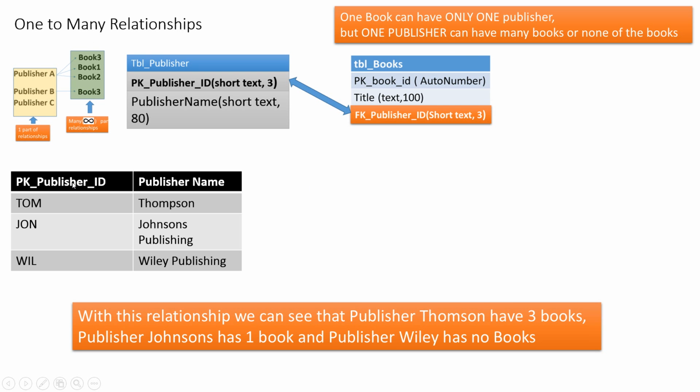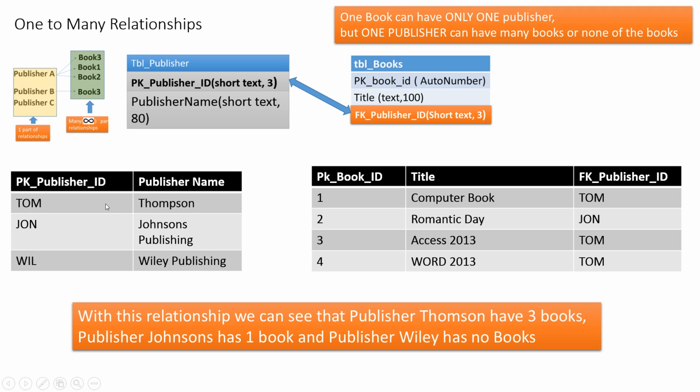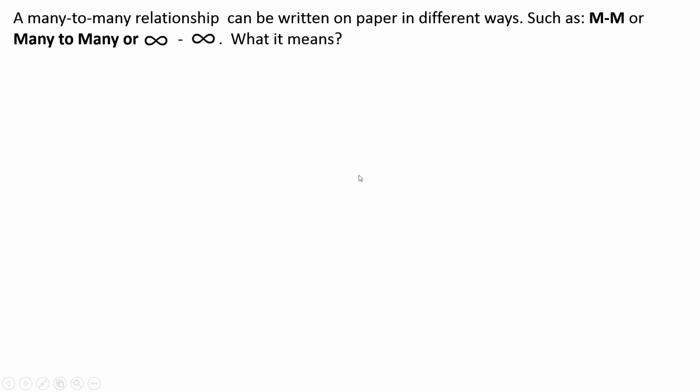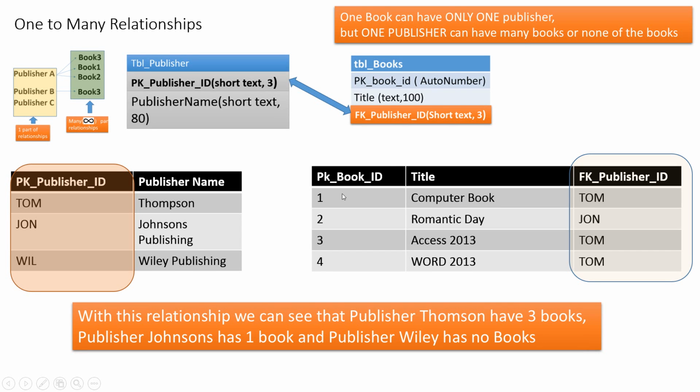So we have table publisher with sample data, right? So I wrote sample data. Table publisher has 3 publishers: Thompson, Johnson Publishing, and Wiley Publishing. And table books has 4 books: Computer Book, Romantic Day Book, Access 2013, Word 2013, right? And I entered similar data.